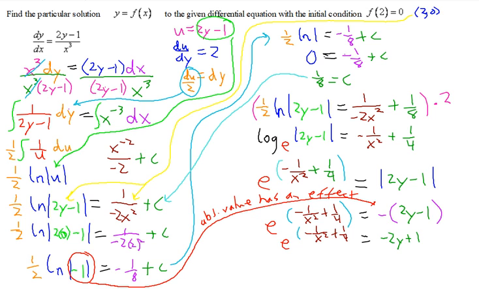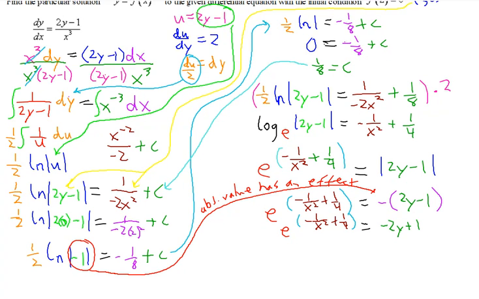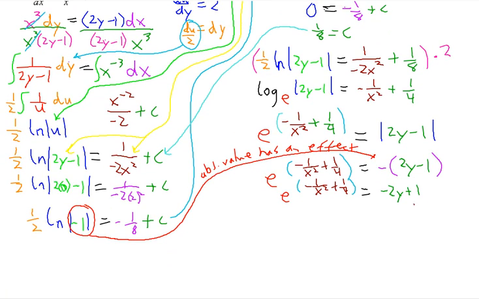And then the last two steps to solve for y, you would first subtract the 1 and then divide by negative 2. So when you do that, you get e to the negative 1 over x squared plus 1/4, minus 1, and all divided by negative 2.